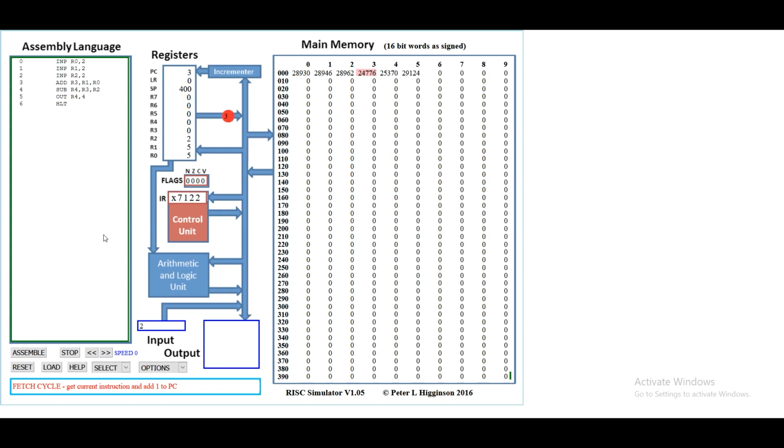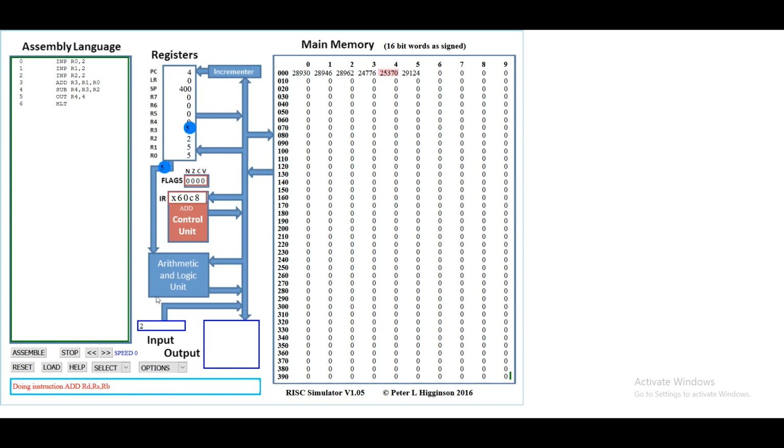Based on the fourth line of code in assembly language, the processor proceeds to the next instruction that the PC is pointing to. As the instruction is fetched, the PC is incremented by 1. The instruction is loaded into the instruction register to be decoded, and the CU performs the operation.